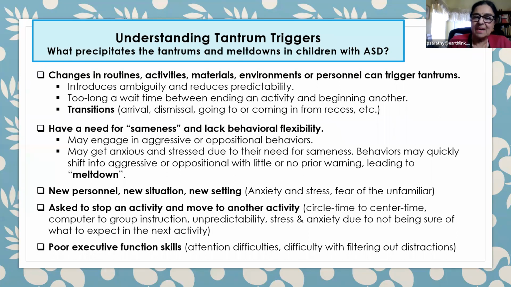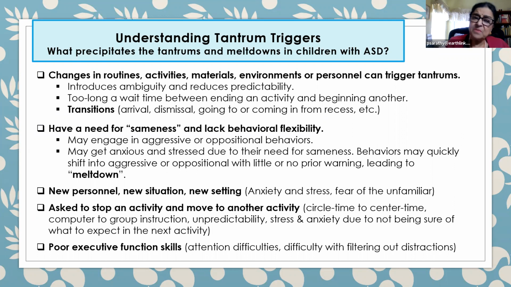with autism have, as one of their characteristics, a need for sameness. They find it difficult to be flexible in their thinking. And because they lack behavioral flexibility, that causes them to react to any change through tantrums or aggressive or oppositional behaviors.